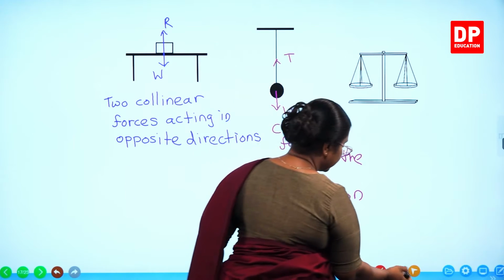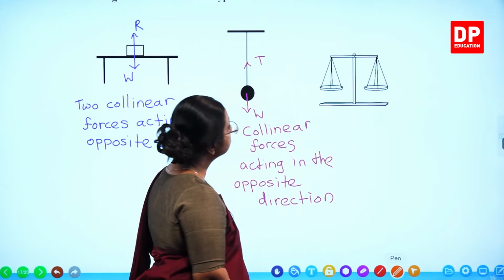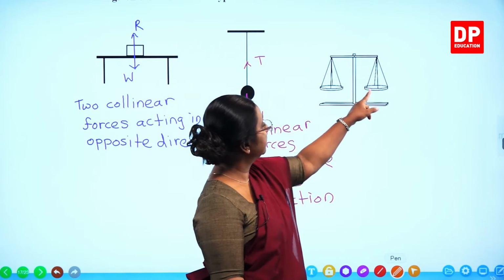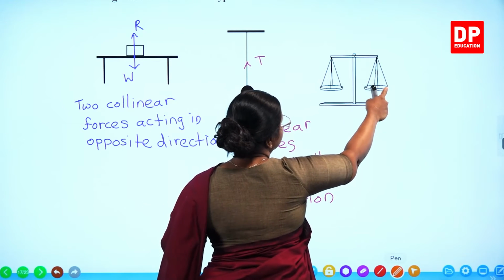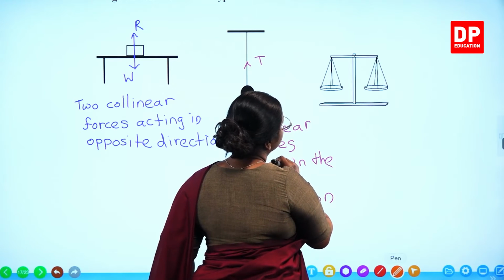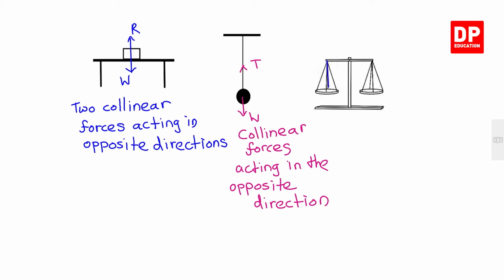Then what is the third instance? Third instance there, you can see this is like the manual balance. You can have a pan here, there is a pan here, it is at equilibrium. So what are the forces? Here we will have the weight acting along this, the other weight acting along this. Both of them will be parallel forces. So the weight W. And what is the third force?